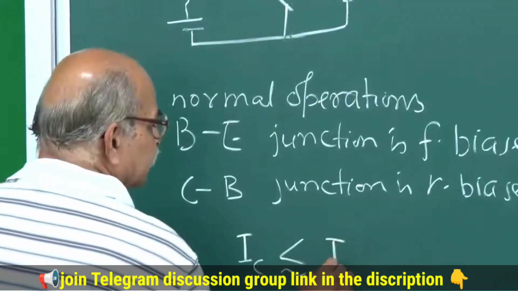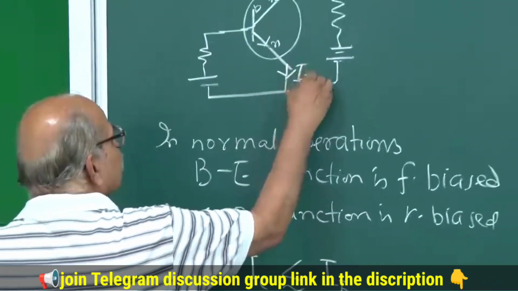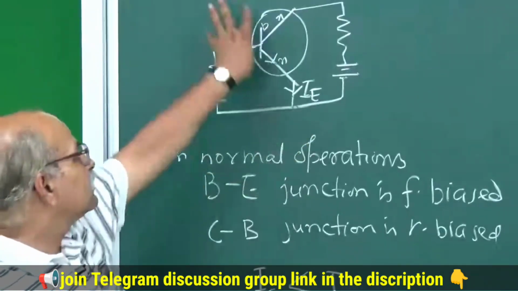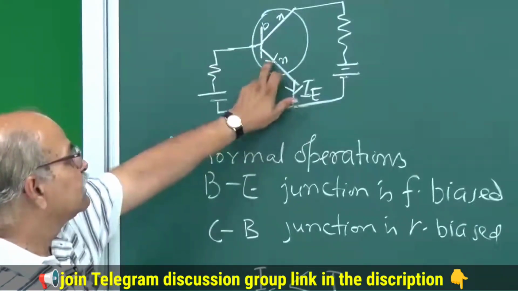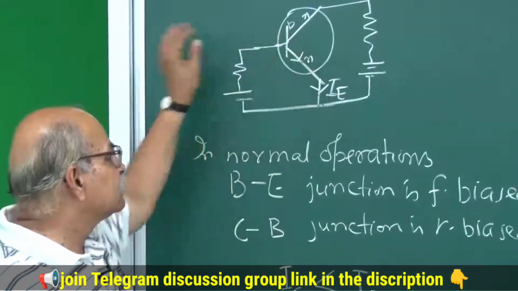The currents are, this is IE, that corresponds to the number of electrons which are being injected from this N side to this P side. So, electrons are going this way, and therefore, the current is this way.